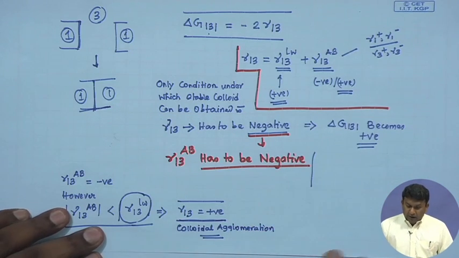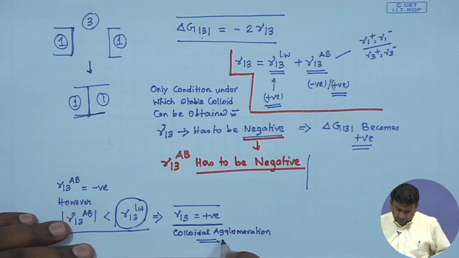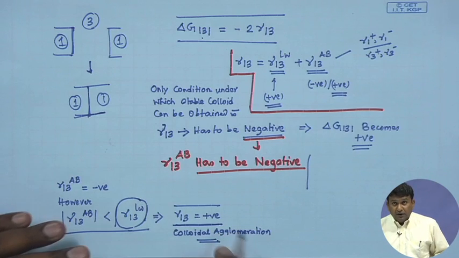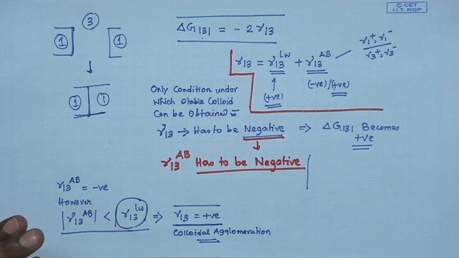But there is a difference. What is important in this particular case is that the colloids will agglomerate, but you have competition. The van der Waals component of interfacial energy is responsible for their agglomeration, but the polar component is trying to oppose that. But numerically the strength of the van der Waals force is stronger and therefore they agglomerate.